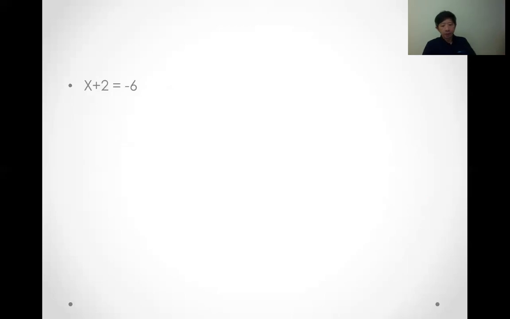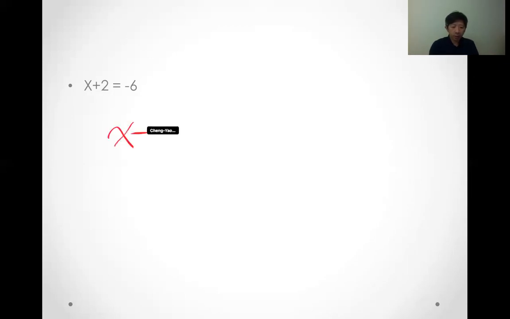Now here's an example we can use, okay? I want to solve for X. The problem is X plus 2 equals negative 6, all right? We have many ways we can do this. How about I use cancellation?